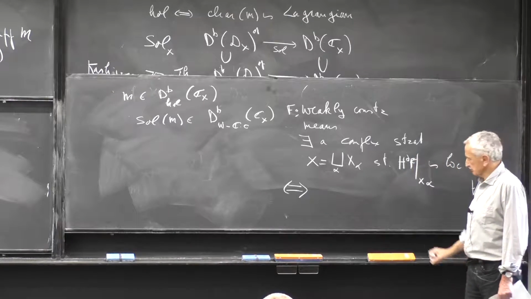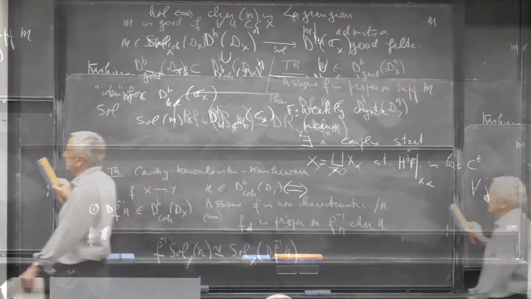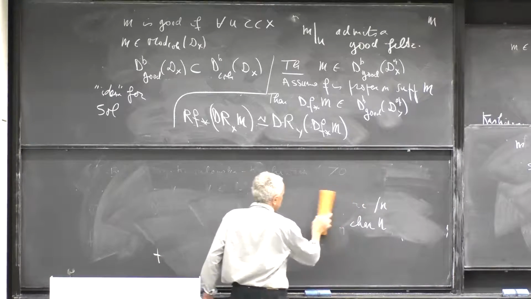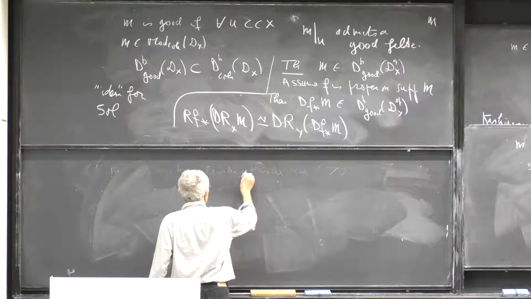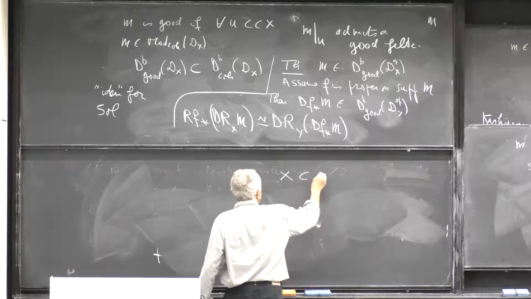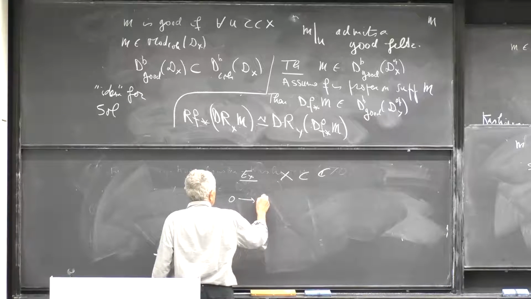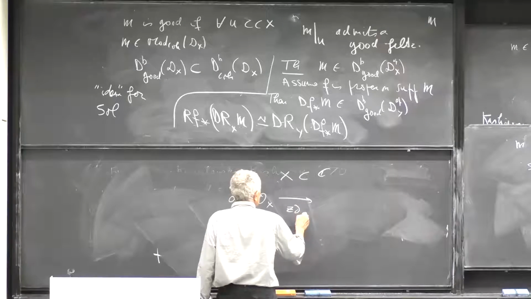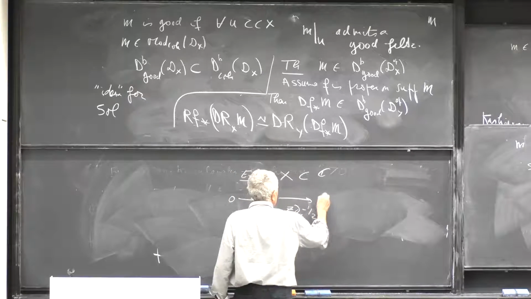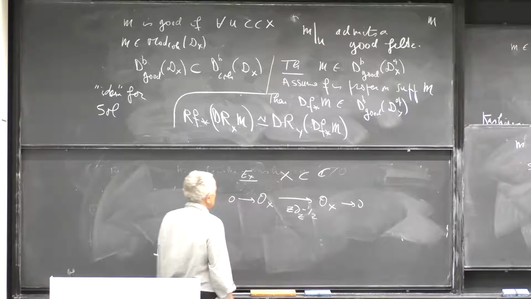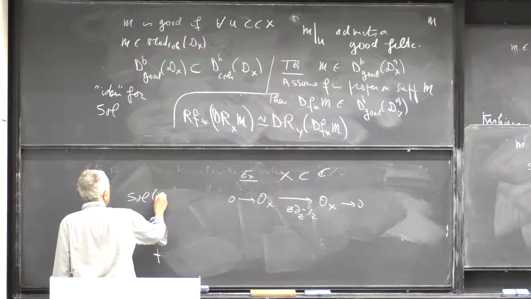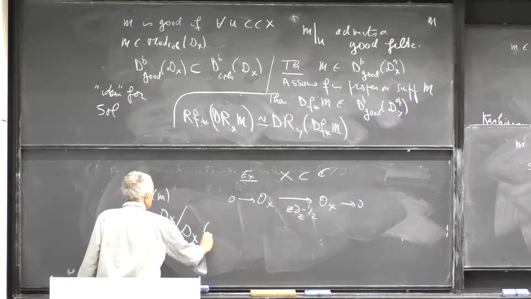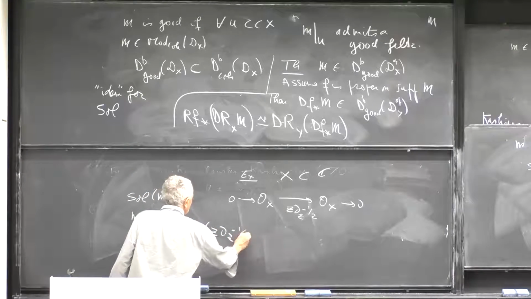Okay. Maybe I give you an example in one dimension. X is open in C, and take O_X over z d/dz minus 1/2 O_X. Okay? So this is Sol of M when M is D_X divided by D_X (z d/dz minus 1/2).